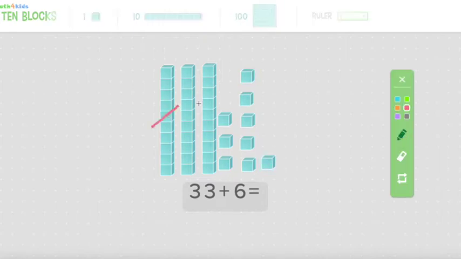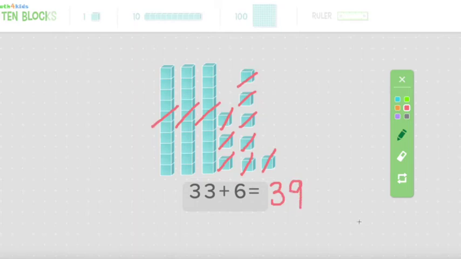Let's count together. 10, 20, 30, 31, 32, 33, 34, 35, 36, 37, 38, 39. So in all, the answer is 39. So 33 plus 6 equals 39.